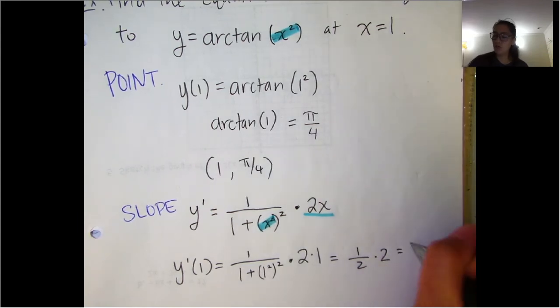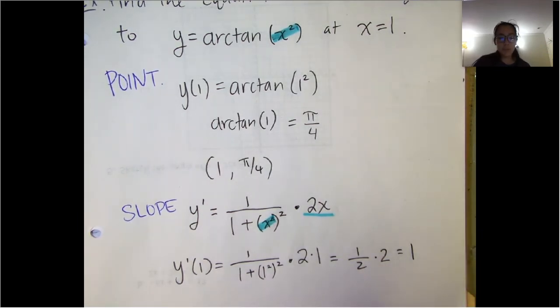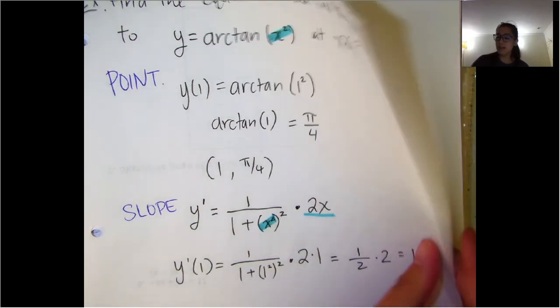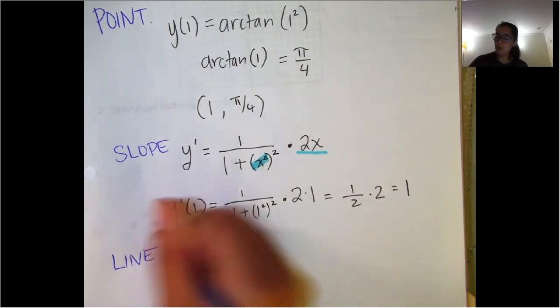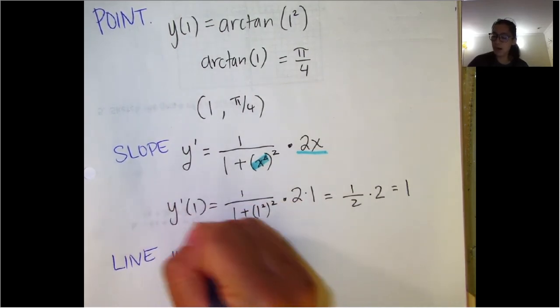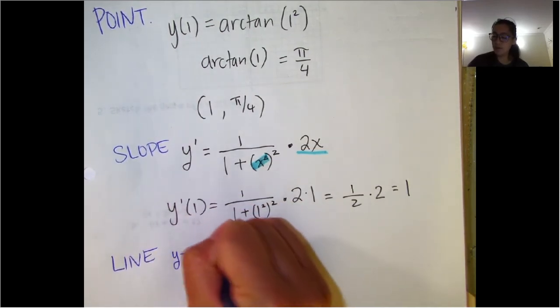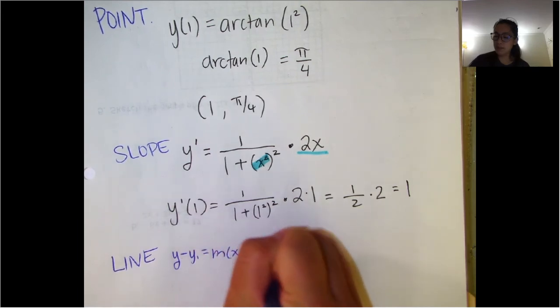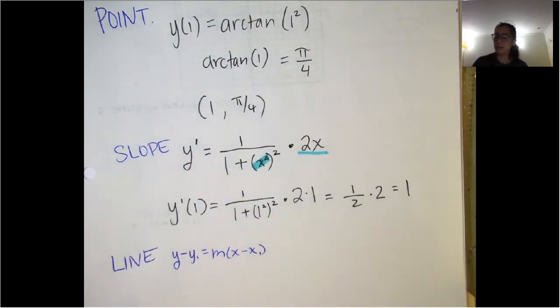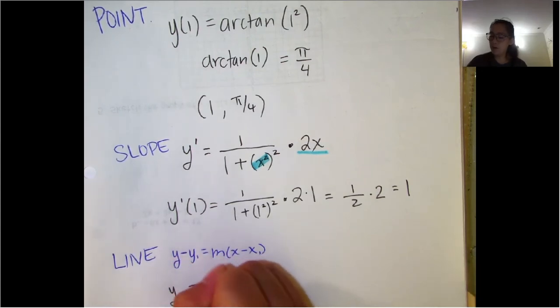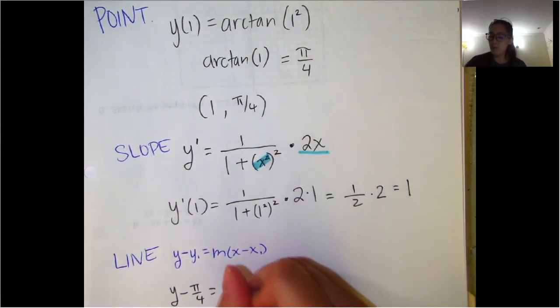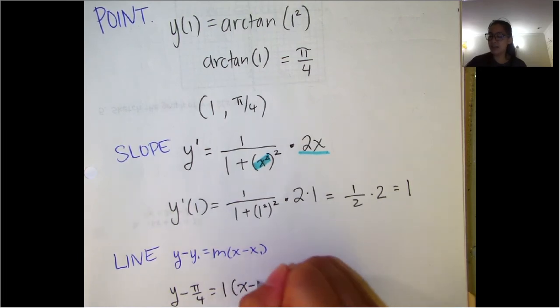That's going to equal 1. And so then the slope is going to be 1. And so then we write our line. Remember, we write the line using y minus y1 equals m times x minus x1. And of course, the m is the slope. So we have y minus pi over 4 equals, and then we have 1 times x minus 1.